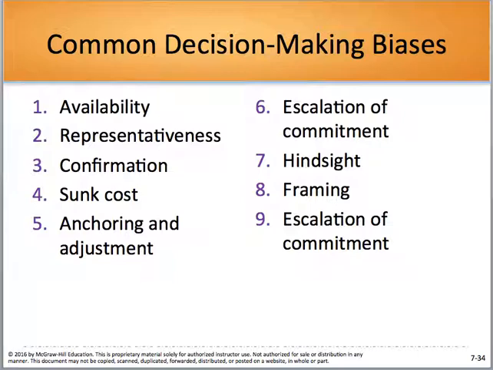And a representativeness bias refers to the tendency to generalize from a small sample or a single event. So you take one little minute detail and you then do this broad stroke and say that this is the case for all X, Y, and Z. Right? When managers add up all the money that they already spent on a project and conclude it is too costly to simply abandon it, that's what is sunk cost bias.